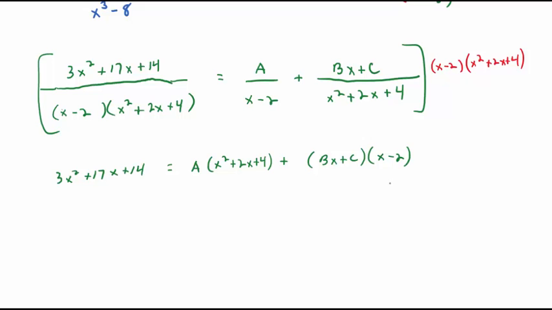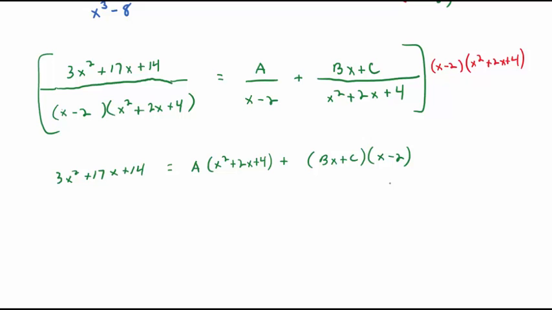Okay? The shortcut won't work as well here. It will work to get A: you could plug in 2 for x, and that whole second term will cancel out. But it won't help you with b and c. So I'm just going to set up the system of equations. Before I do that, I have to multiply everything out, group like powers of x together, and factor out those like powers of x to identify the coefficients on the right side, and then set them equal to the coefficients on the left side.